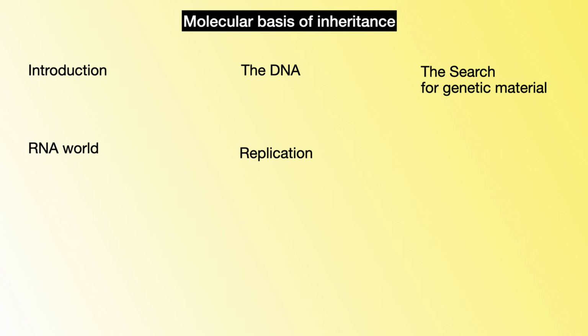So this ruled out the conservative model. At generation 2, that is after 40 minutes, there were 2 bands, one hybrid and one light. This ruled out the dispersive model. If it had been the dispersive model, it would have shown a progressively lighter hybrid band. So this experiment confirmed the semi-conservative model.